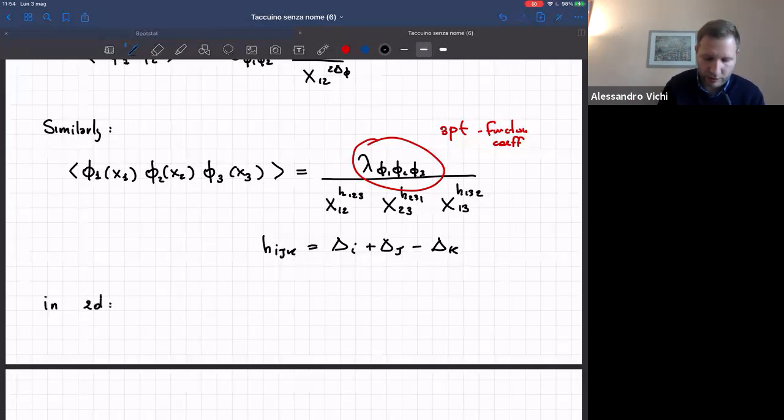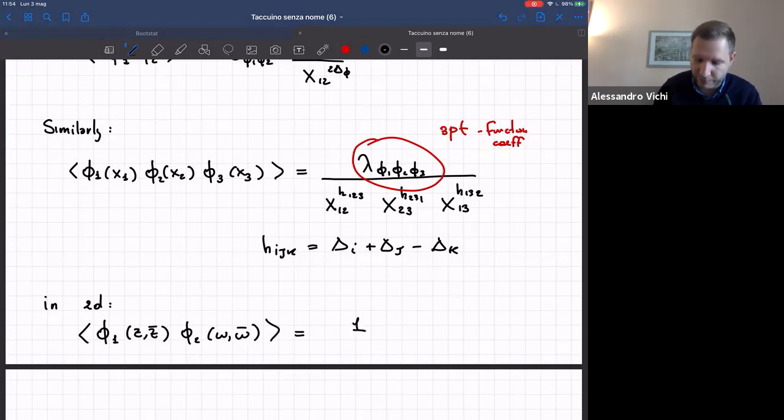Okay, just to recall, in 2D, the two-point function of operators depends on z and z bar, and let's say omega, omega bar. There again it is fixed, and it depends on z and omega in a very simple way. So it's z minus omega to the power h, and z bar minus omega bar to the power h bar.